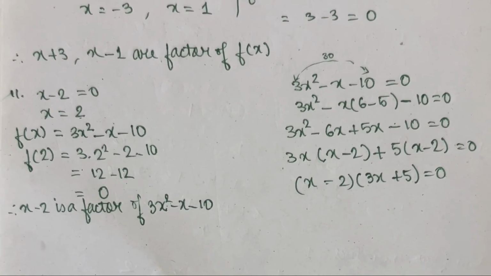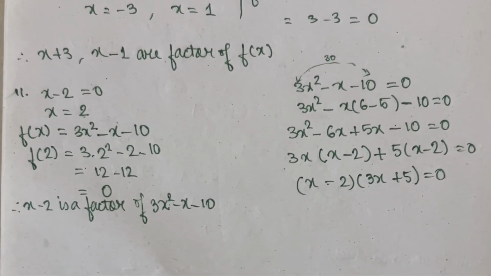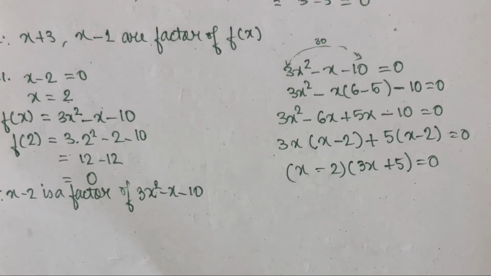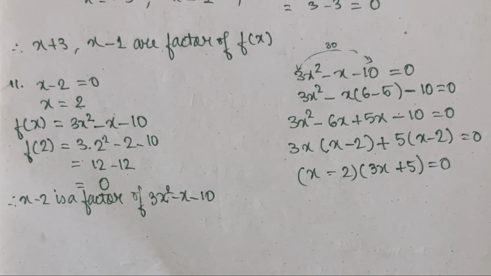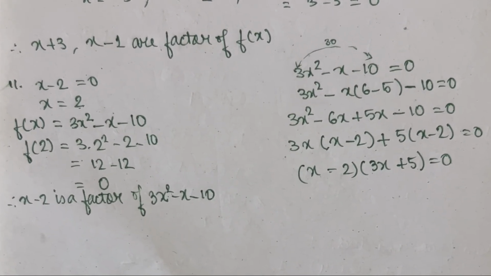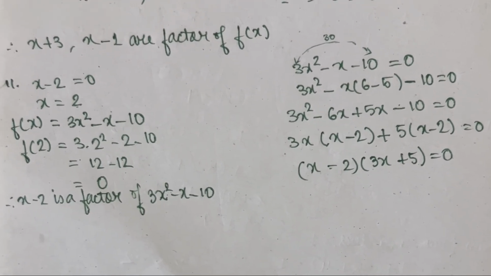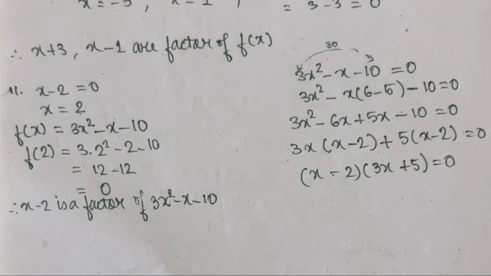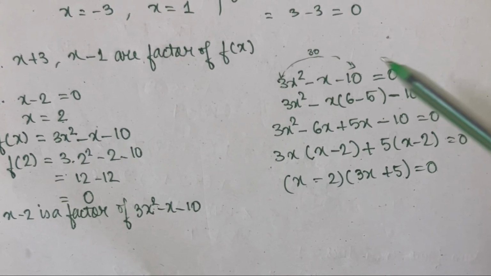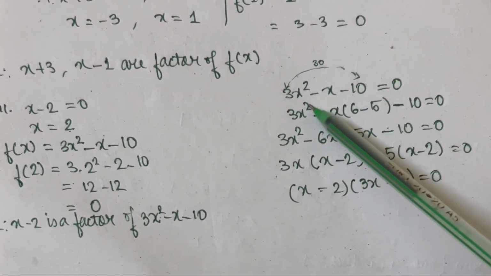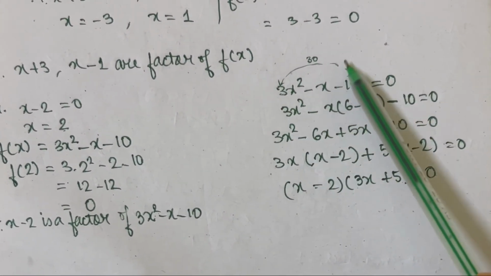For sum number 11, it is said, show that x minus 2 is a factor of 3x square minus x minus 10. Similarly, we are going to take the middle term. So we multiply 10 with 3, we get it as 30.